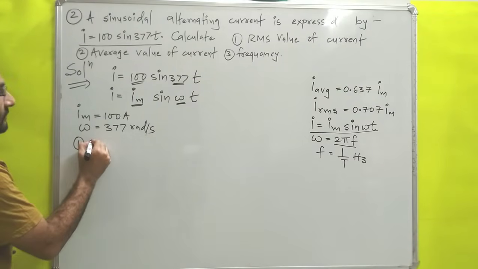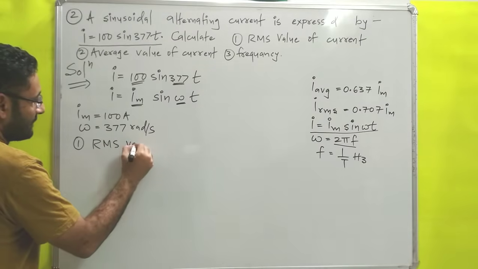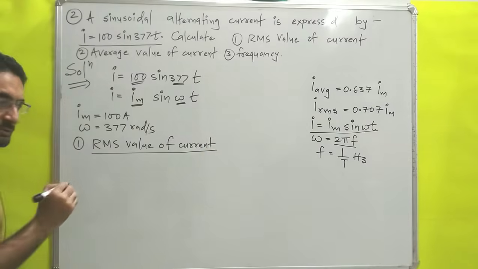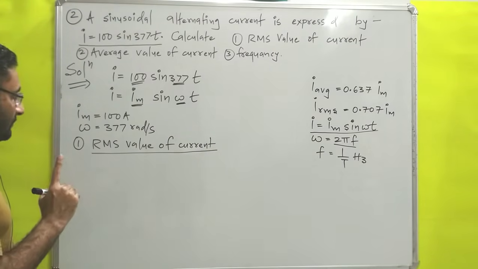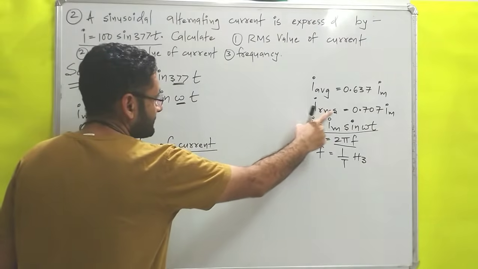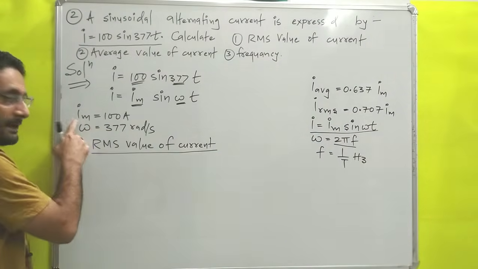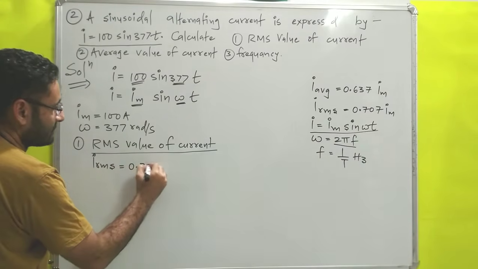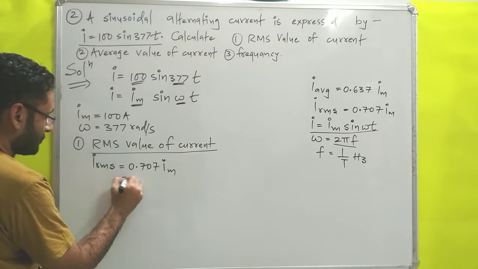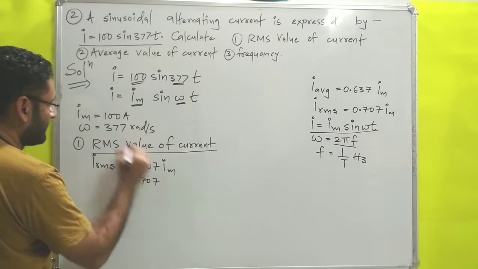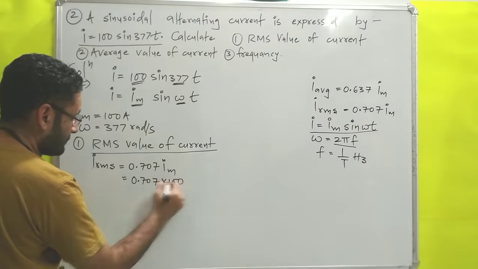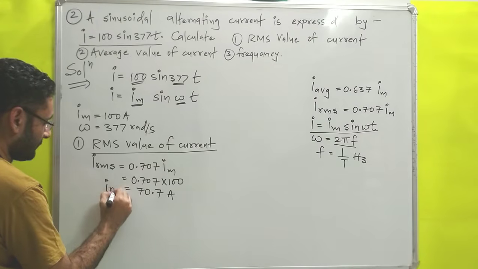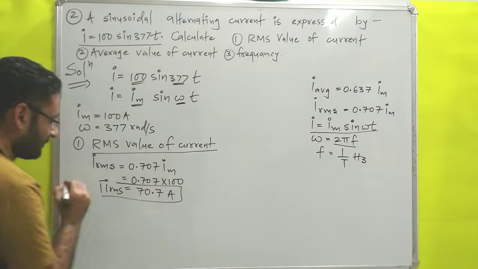First, you have to find the RMS value of current. For that, you should remember the relationship of RMS with Im, because we have Im. We know that I RMS equals 0.707 of maximum current. Im is 100, so the answer is 70.7 ampere. That is your first answer, the RMS value of current.